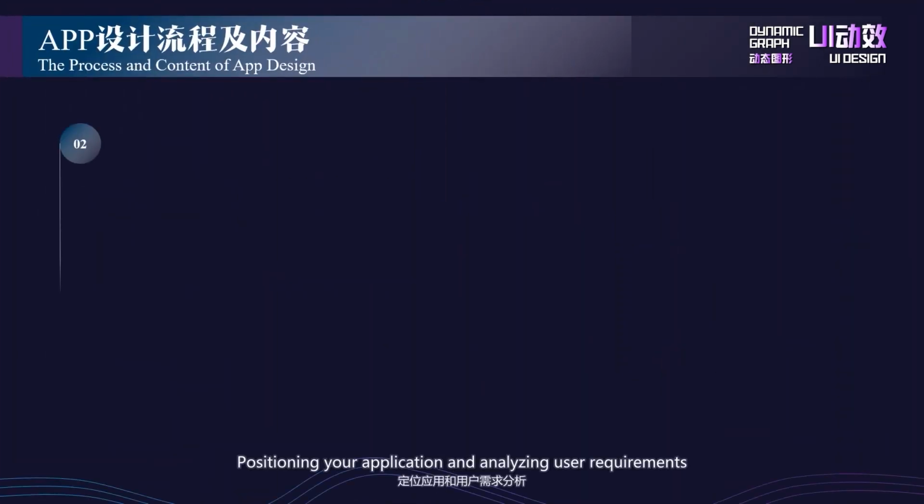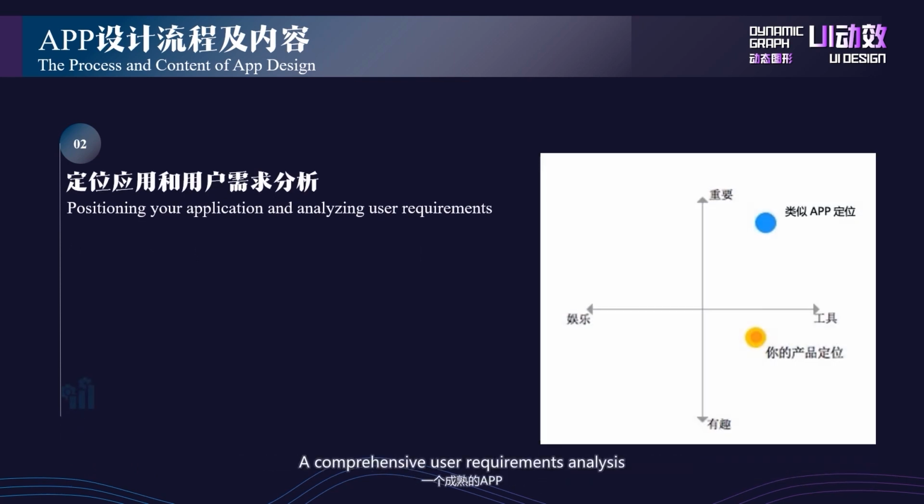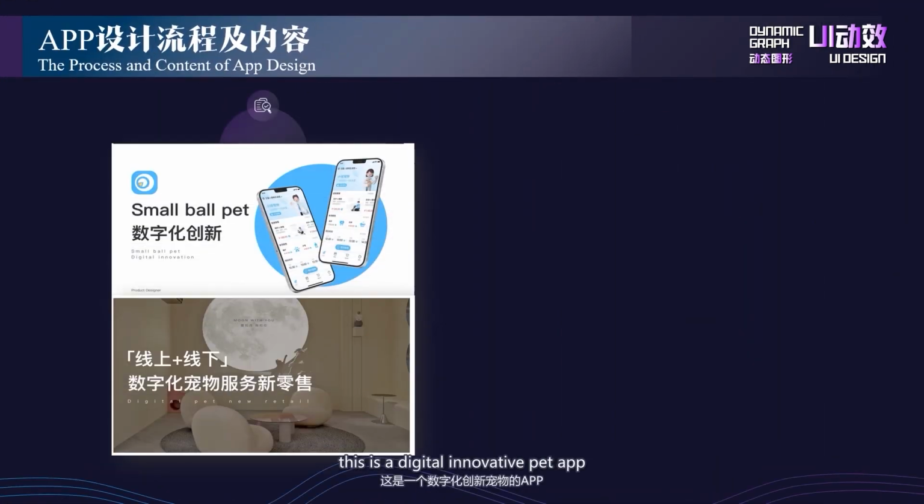Step 2. Positioning your application and analyzing user requirements. A comprehensive user requirements analysis for a mature app is typically detailed and complex. For example, this is a digital innovative pet app.